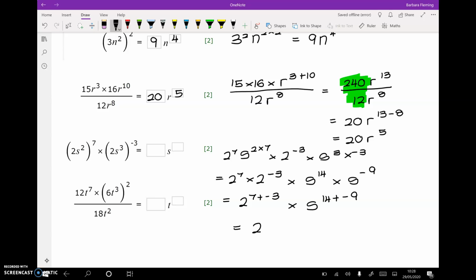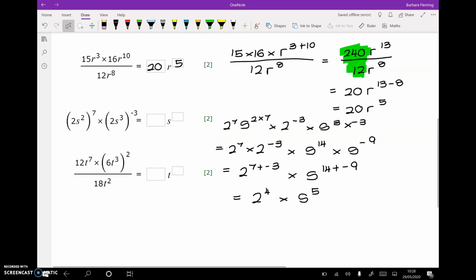And that will give us 2 to the power of 7 take away 3 is 4, times by s to the power of 14 take away 9, it gives you 5. 2 to the power of 4, remember that's 2, times by itself 4 times. So you can either do 4 times by 4, gives us 16. 16 s to the power of 5, and we're done.